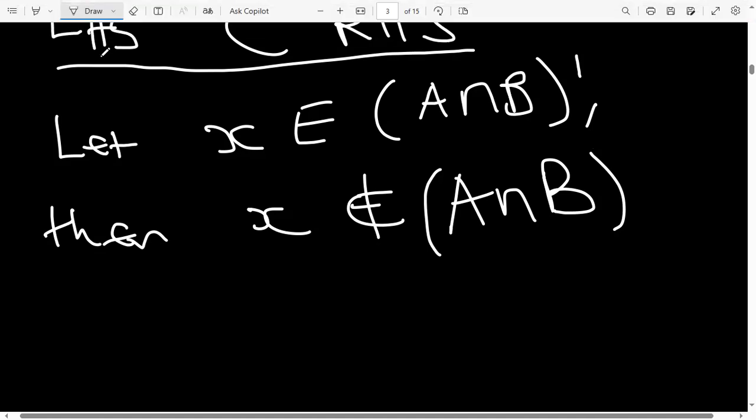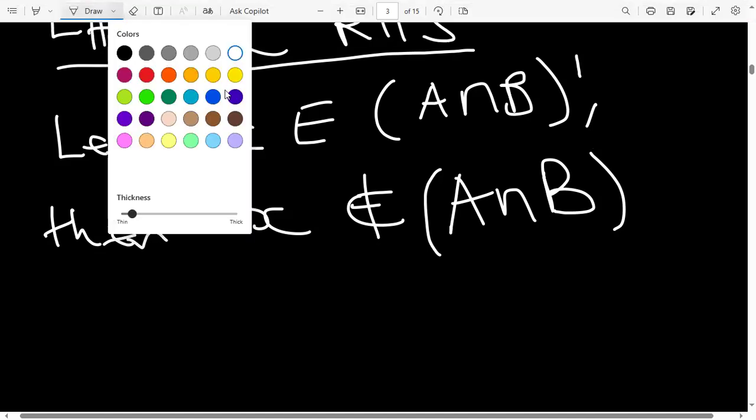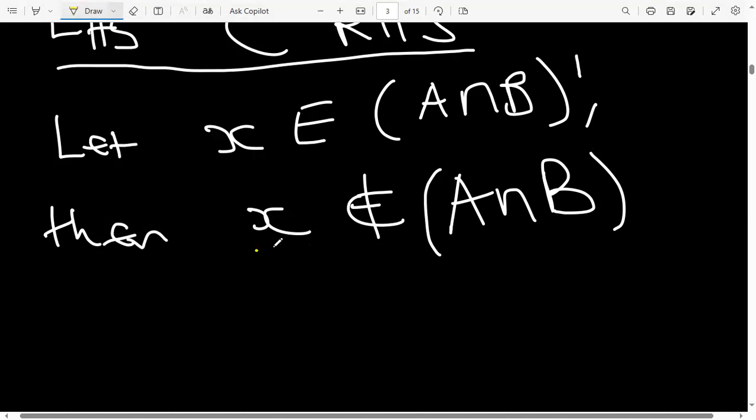So we are going to multiply X not a member of these two with everything that we have in the brackets here. So we are going to say X is not a member of A from this.